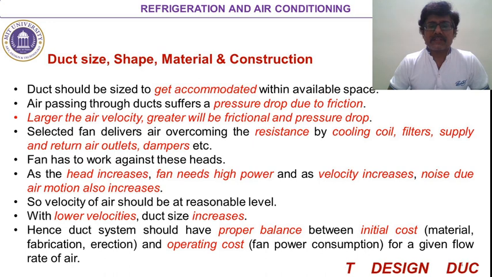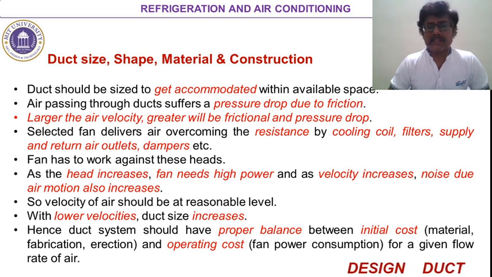With lower velocities, the size of the ducts increases and they occupy more space. Hence, while designing the duct system, we should maintain a proper balance between the different parameters, such as the initial cost, consisting of the cost of the material of the duct, the cost of fabrication, and the cost of installation and erection of the duct.